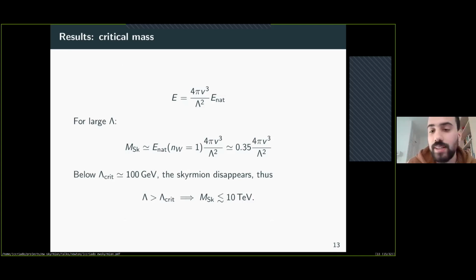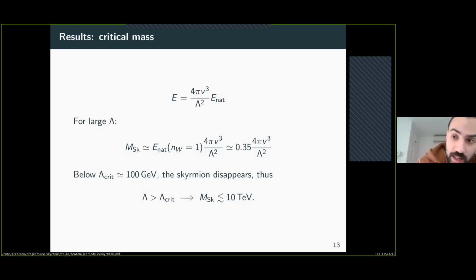Basically, we found that it's inversely proportional to lambda squared. So you can have a mass in natural units defined by stripping out this factor, which is then 0.35. And if you look at it in physical units, you include this factor, and then it goes down quickly as 1 over lambda squared.